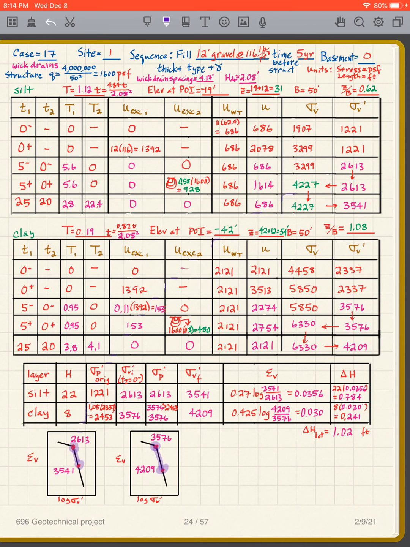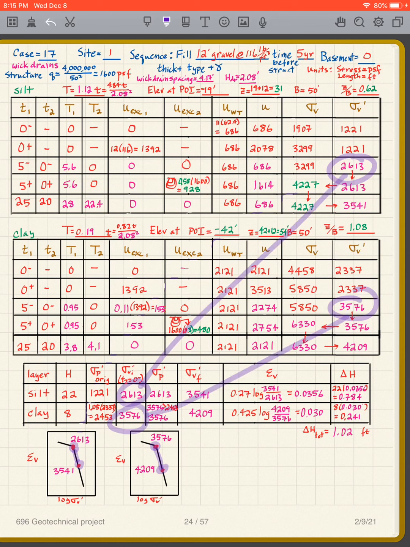And again, I have to figure out my sigma prime P. Use the original one. We've calculated these already, 1221 in the silt, 2453 in the clay. We compare it to our sigma V prime I, 2613, 3576.